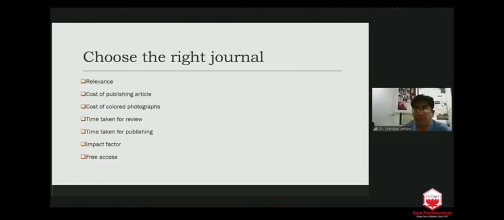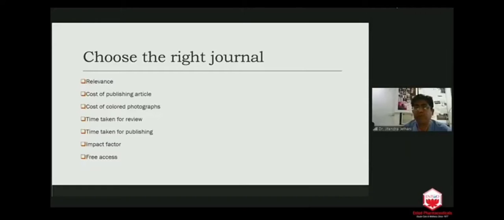But these two things are important. One is free access, whether your article will have free access, which means that even if a user is not subscribing to the journal, he can read it. The second is the impact factor of the journal.